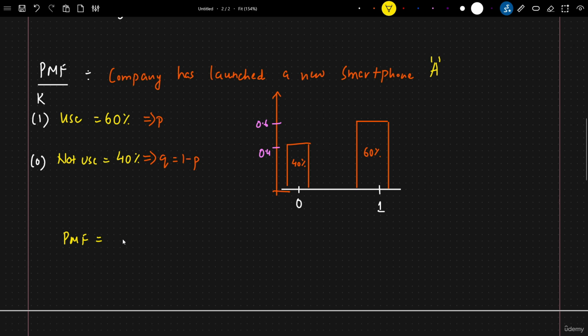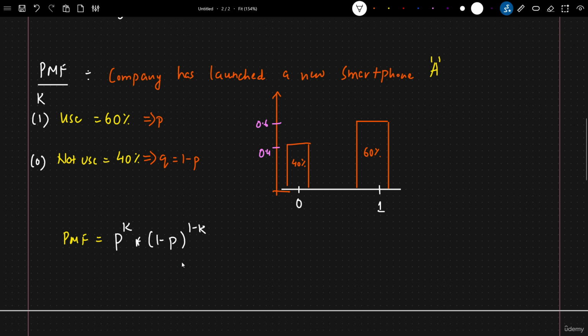Now the PMF mathematical notation that is specifically given over here, we'll go ahead and write down this notation, and then I will try to simplify it. So the notation is basically given as P to the power of K multiplied by (1 minus P) to the power of (1 minus K). Okay.